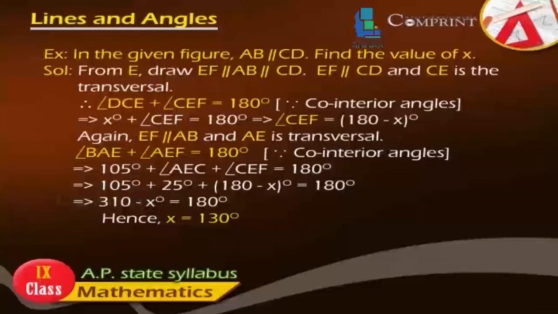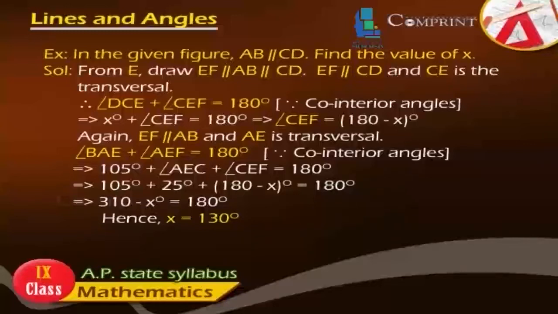Again, EF is parallel to AB and AE is the transversal. Angle PAE plus angle AEF is equal to 180 degrees, since co-interior angles. Implies 105 degrees plus angle AEC plus angle CEF is equal to 180 degrees.